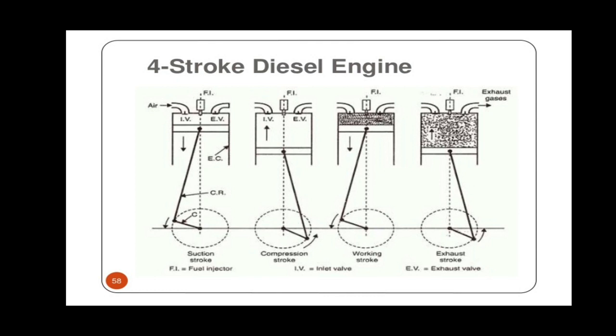Gases, exhaust gases. So it is necessary to push out those exhaust gases, to get them out of the cylinder, so that a fresh stroke, the first stroke, the suction stroke, can happen again.